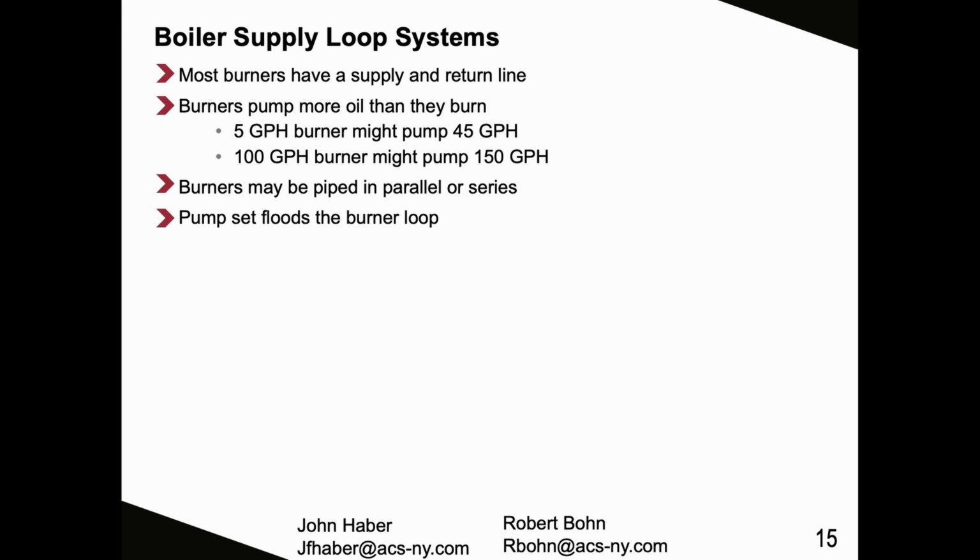Also, at the end of the loop when you return back to the tank, it's important to have either a back pressure regulator or a vertical, possibly 6-inch, 12-inch vertical before you return back to the pump, so that gravity can backfill and pressurize that loop only to about 3 psi or so, which is the requirement by NFPA.